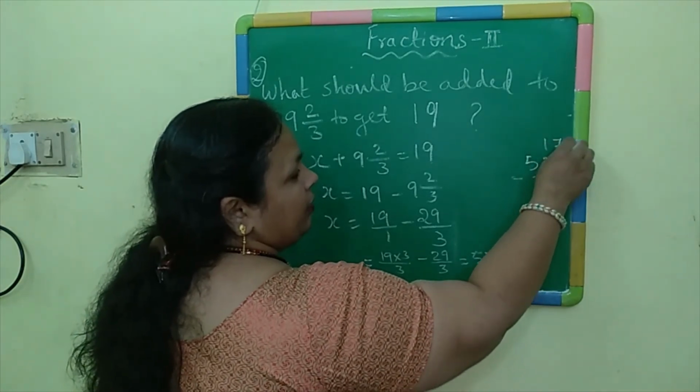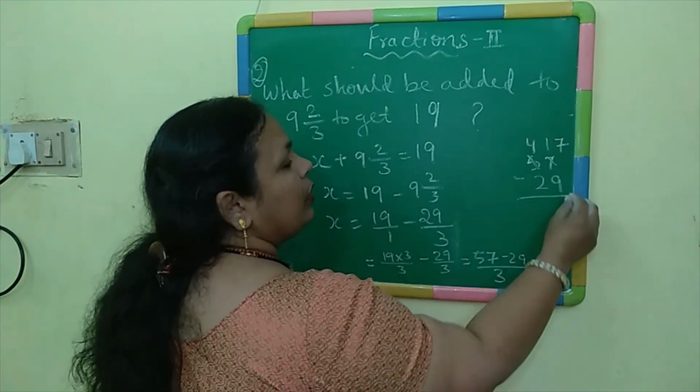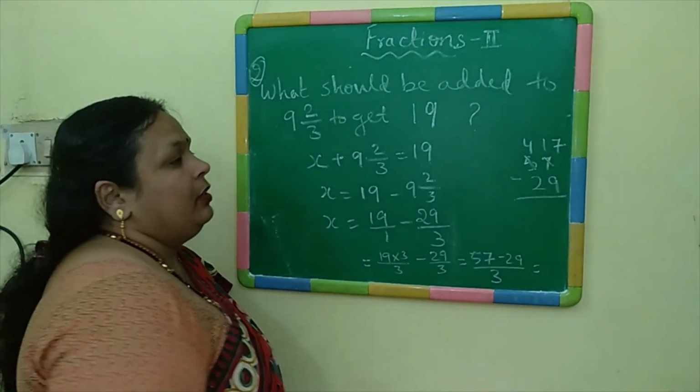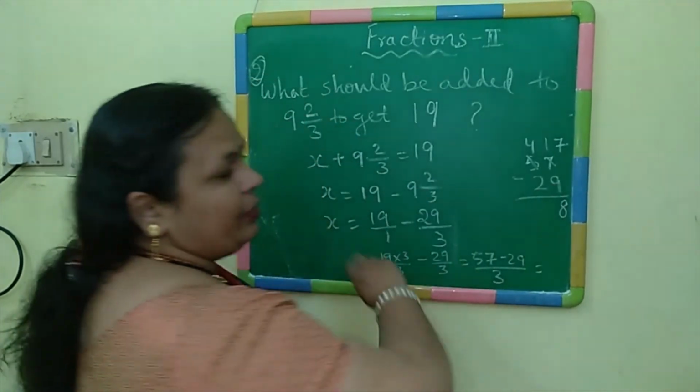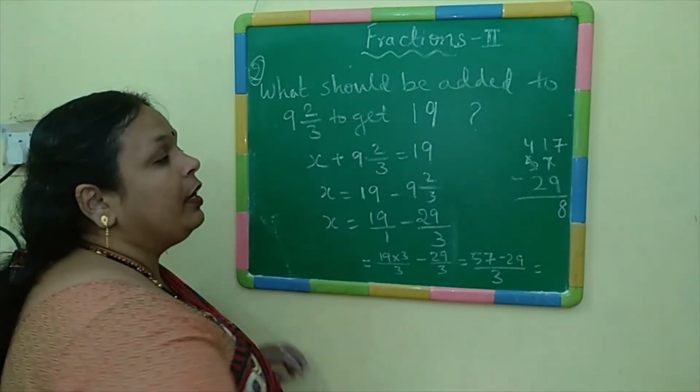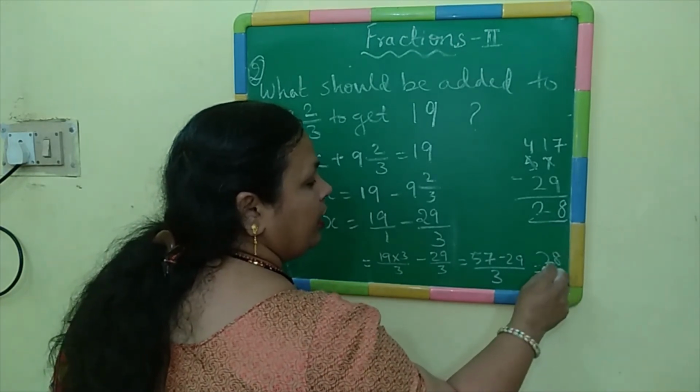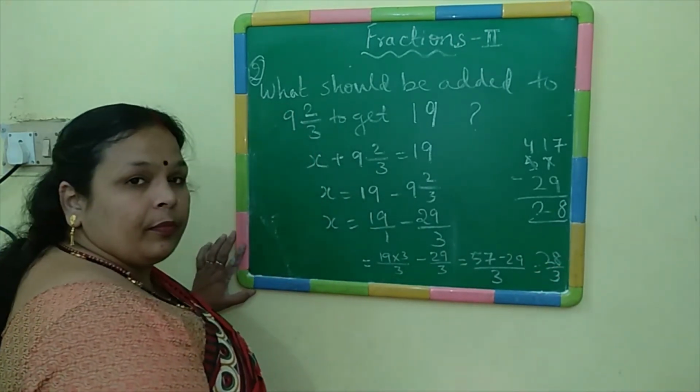Here it is 17. 17 minus 9 is 8. Isn't it? Then 4 minus 2 is 2. This becomes 28 by 3.